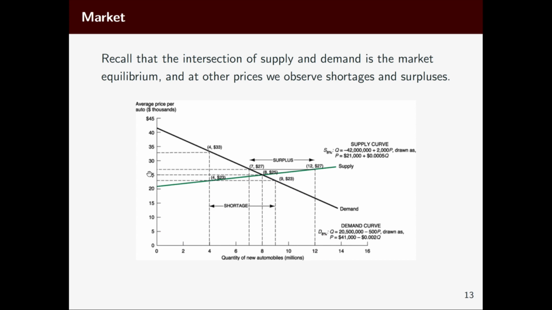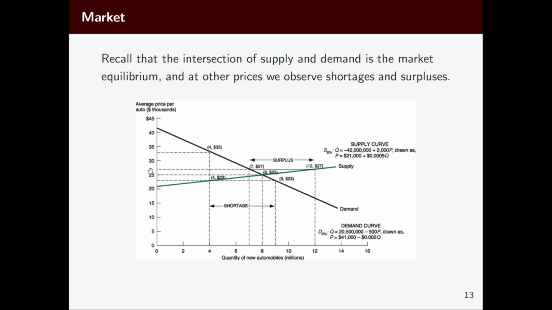So in this case, the market equilibrium price is $25,000 for a car. If the average price of a car were to increase to $27,000, we're going to end up with a surplus, okay?